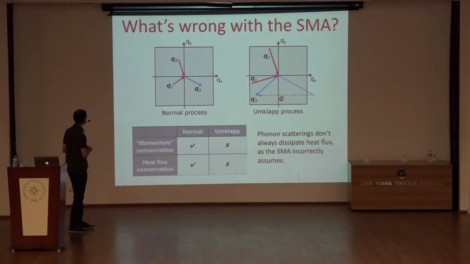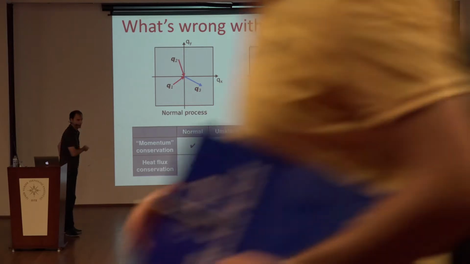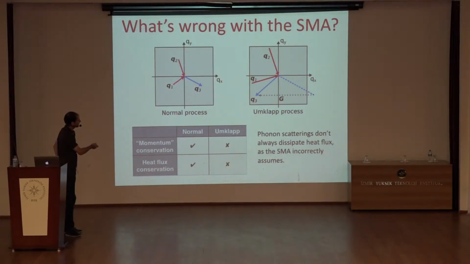So you have normal processes in which the wave vector of phonons is conserved during a collision event, whereas in the Umklapp case, the translational periodicity of the system allows you to have Umklapp kinds of events, so that the momentum of phonons is not, strictly speaking, conserved.